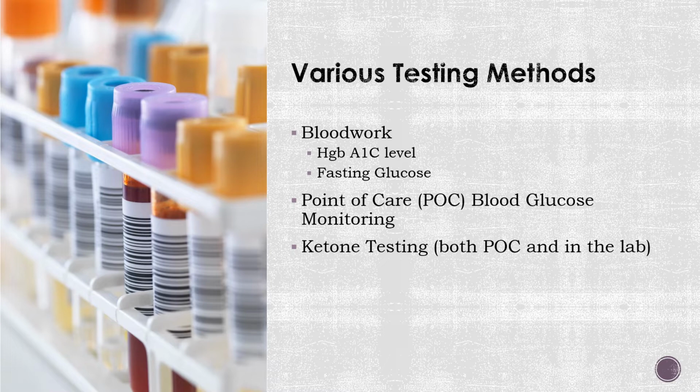Second is the fasting glucose. It is also a blood testing method where a blood sample will be taken after overnight fasting, or approximately after 12 hours. It is important to remember that both the hemoglobin A1C and fasting glucose tests are performed in the laboratory. The second one is point of care blood glucose monitoring.